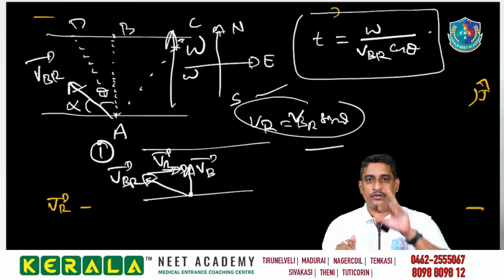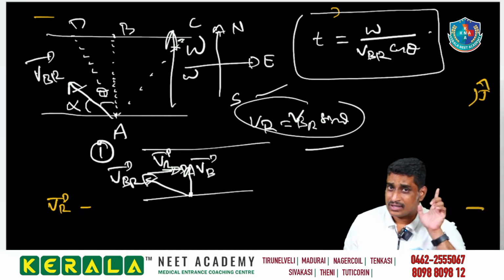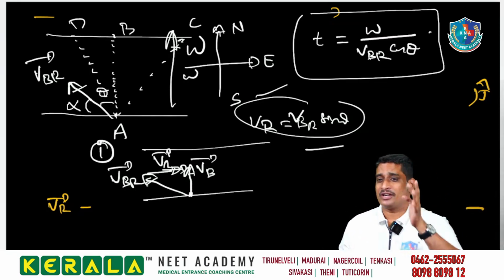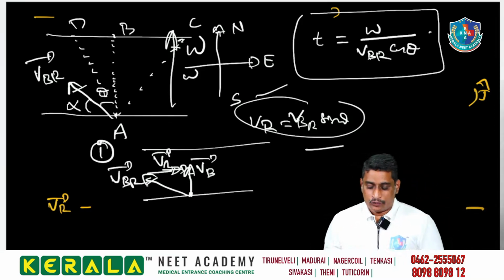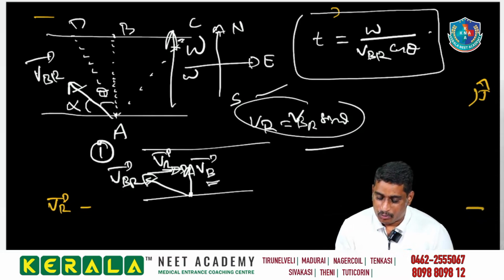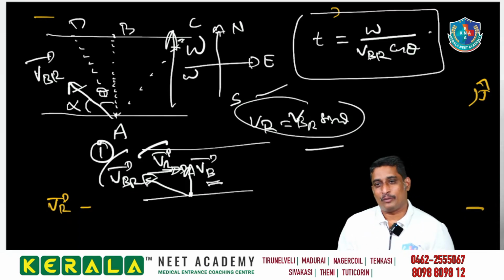It is the resultant of two velocities: one is the velocity of the boat with respect to the river and the second is the velocity of the river. So the triangle of addition of vectors has to be satisfied here. If you look at this diagram, VB bar is the resultant of the remaining two velocities, VBR bar and VR bar. Now it is reaching exactly the opposite point.